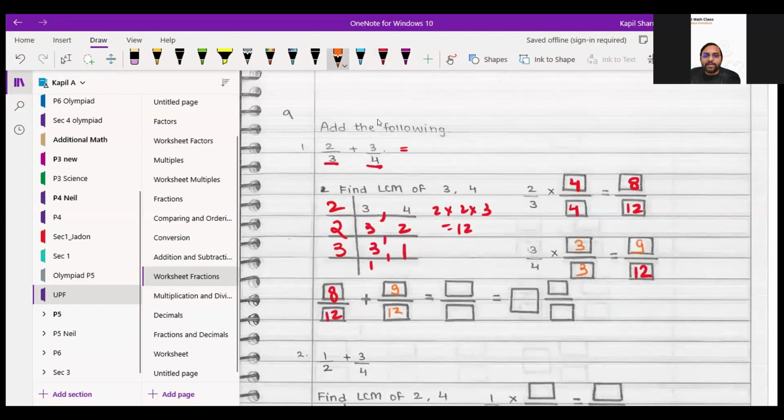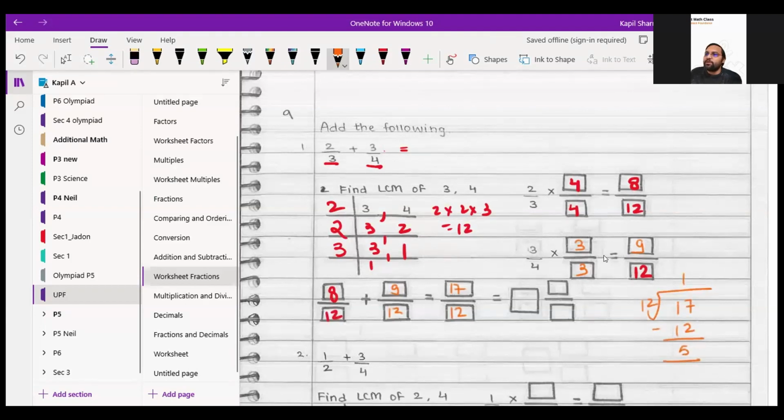Their denominators are same. So to add, you need to simply add the numerators. So here 8 plus 9 is 17 upon 12. You can also write this as a mixed number. We discussed this earlier, how to convert an improper fraction into a mixed number. You simply divide. So 12 times 1 is 12.